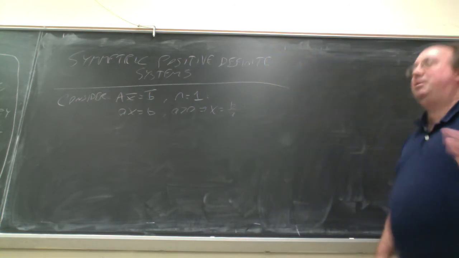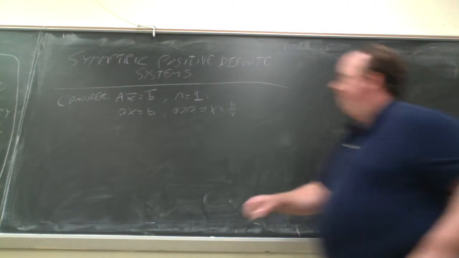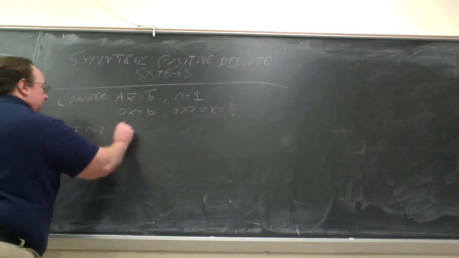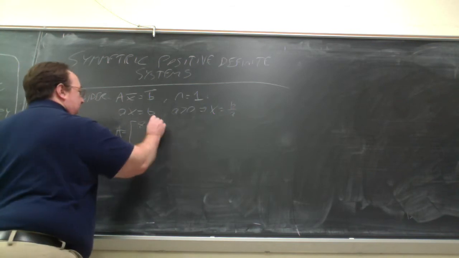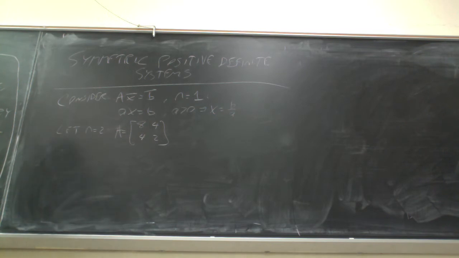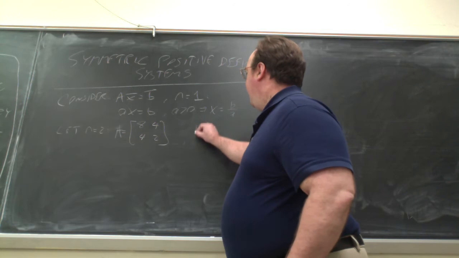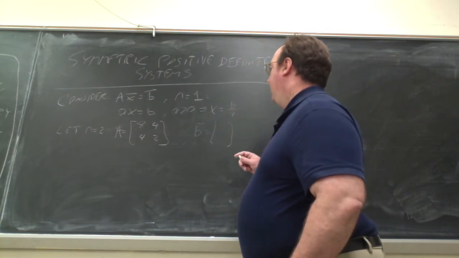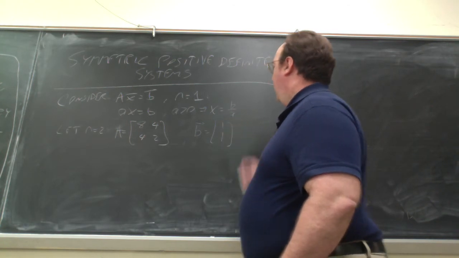So if you're trying to think what would make a matrix positive in some sense, I'll set n equal to 2, and I'll consider A equal to a matrix that has positive entries. Okay, but then I'll make up a vector b, which is, let's see, 1, 1.